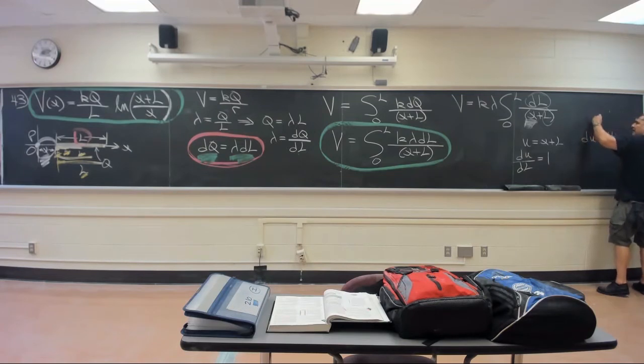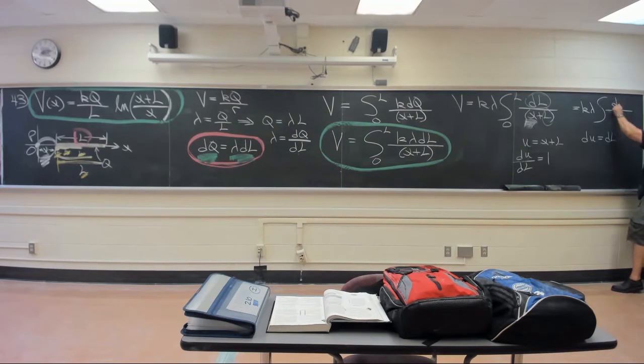You know, I usually don't go this route. If it's already like this, I just go for the antiderivative and I'm done. But du dl is looking like that. We'll talk about it. Du equals dl.